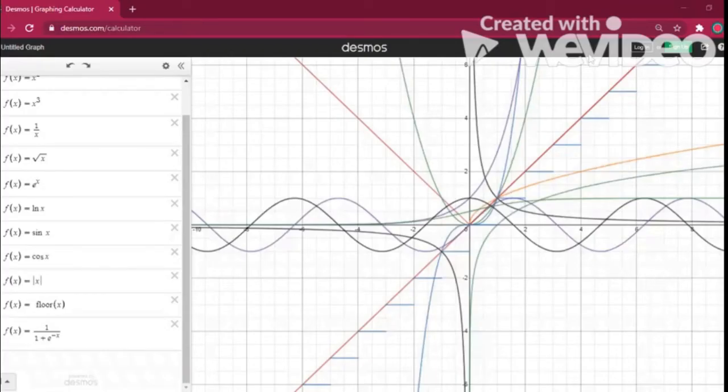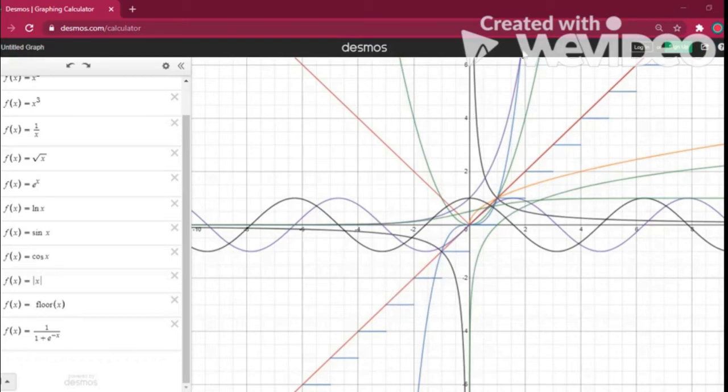Okay, so now that we have graphed them, we want to focus on the negative side of the x-axis, where the y values are also negative, which is this portion. So we see that there are 4 functions that appear to be only negative. So we want to isolate those and delete the rest.